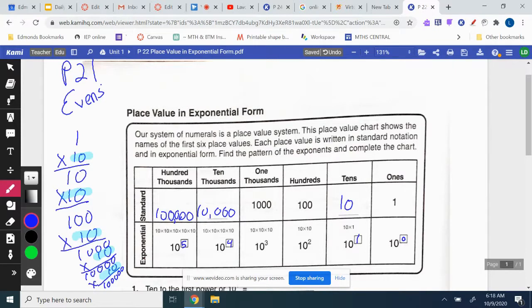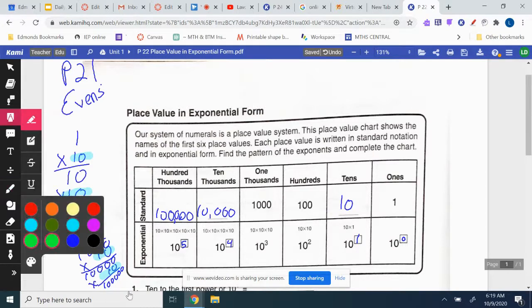Something else I want you to notice is this number. Let's highlight this in a different color so you can see it. The exponent form matches the number of zeros I have. So I have 10 to the fifth power, so I'm going to have 5 zeros. I have 10 to the third power, and I have 3 zeros.